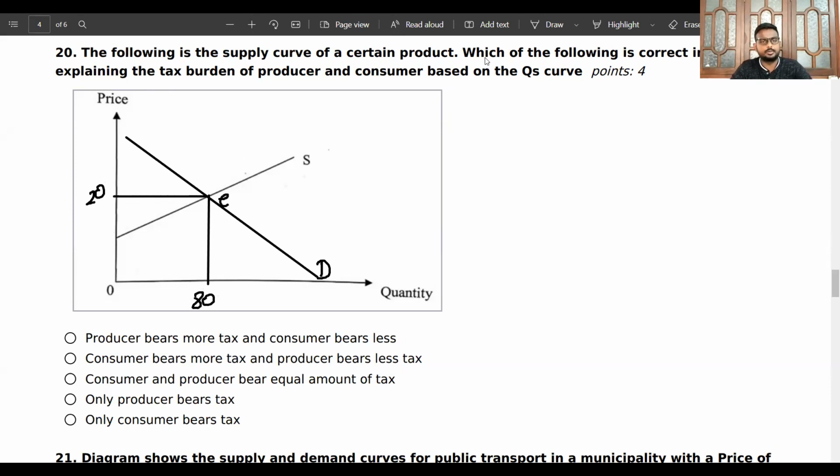And then let's say due to tax, the supply curve is shifting to the left. Right, supply curve is shifting to the left.